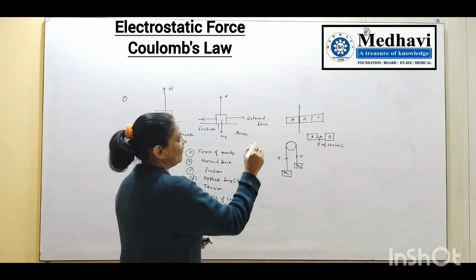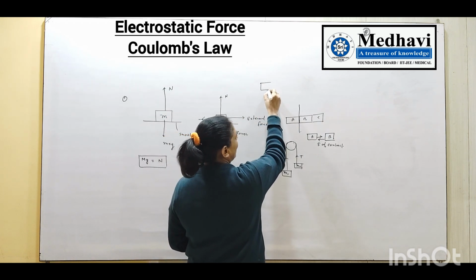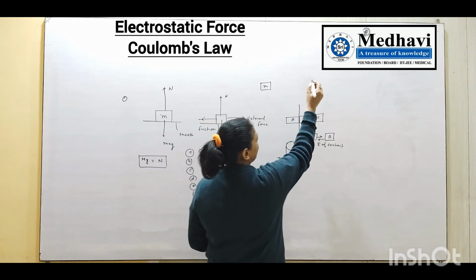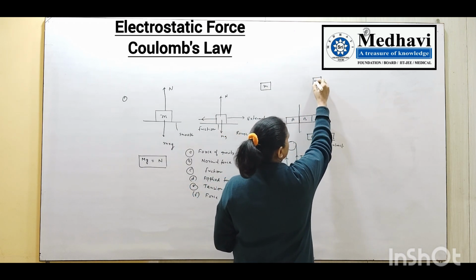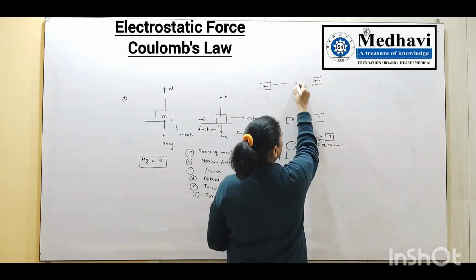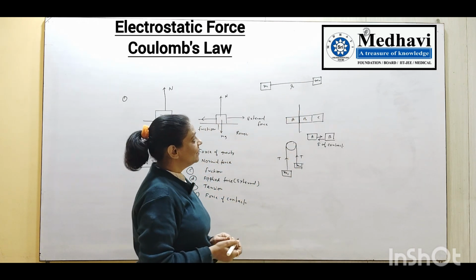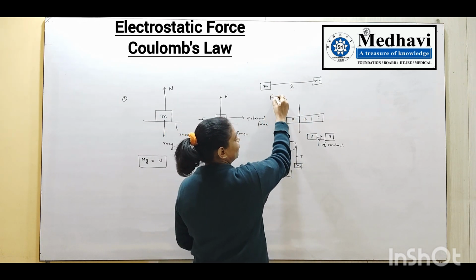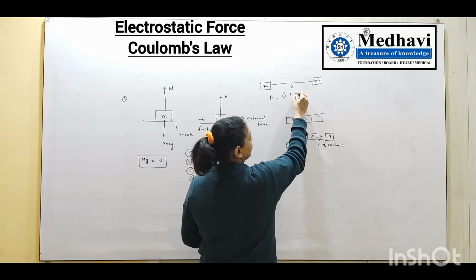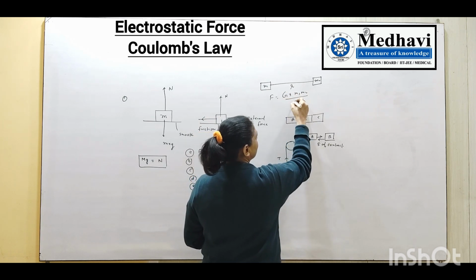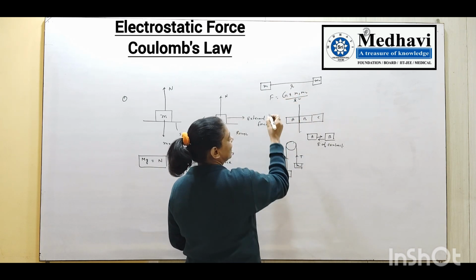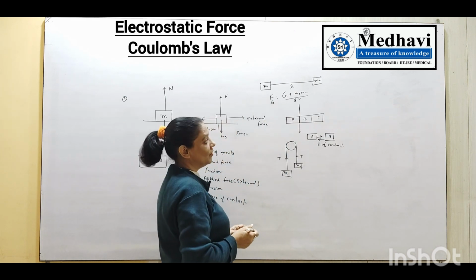After that, when we are considering two bodies having different masses taken at a fixed distance, then another type of force will be produced. That force is called force of gravitation. Very, very important.